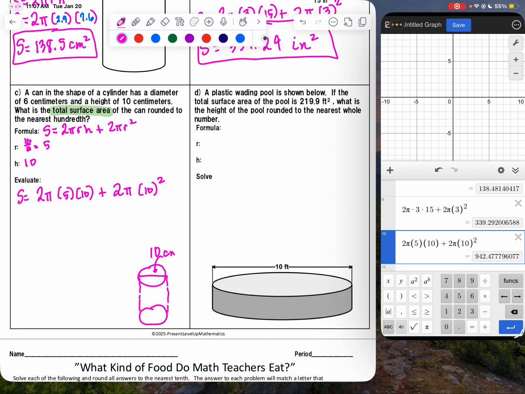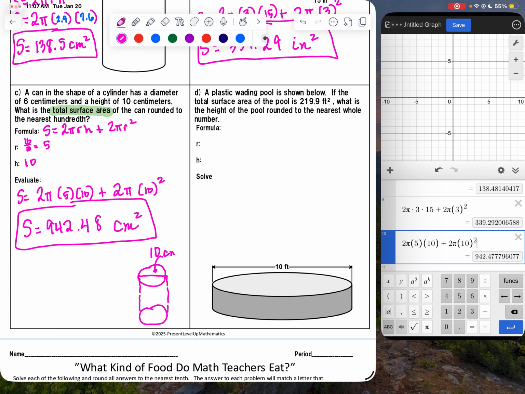So if I round to the nearest hundredth, we're going to get 942.48 centimeters squared.